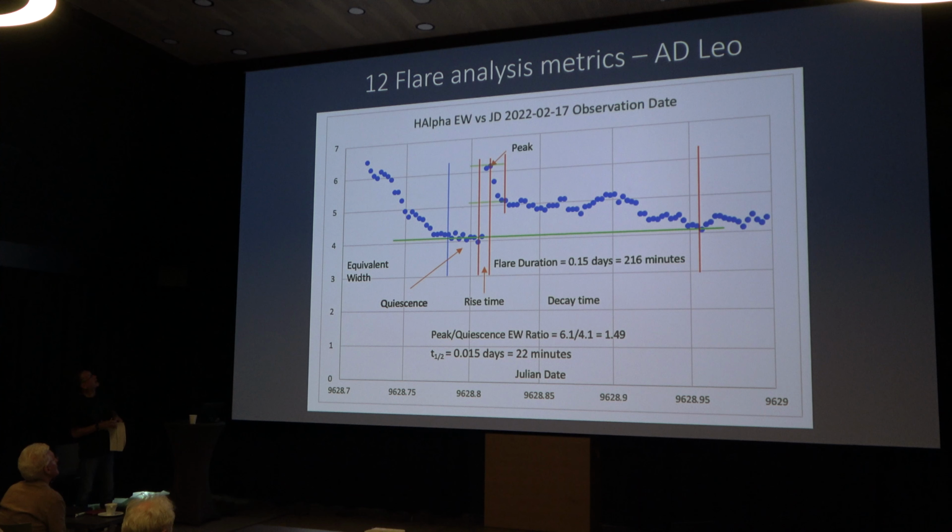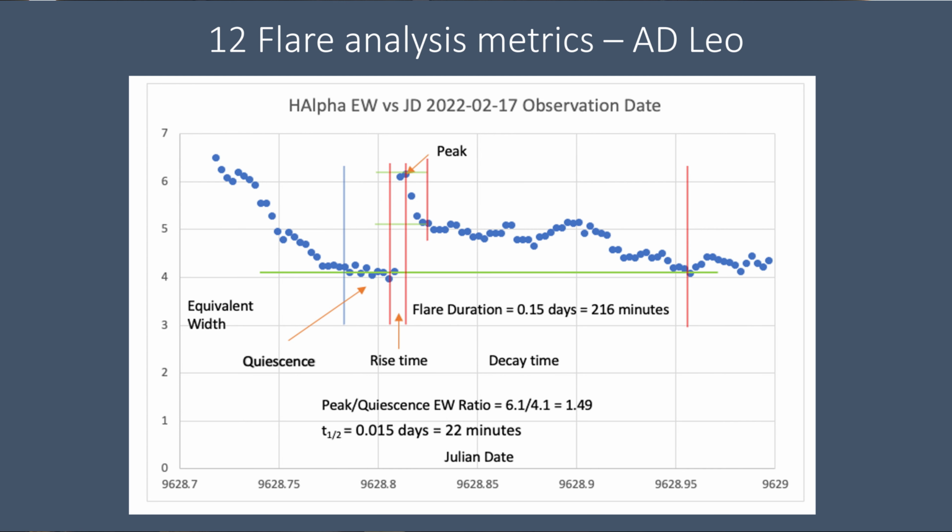Right. Flare analysis metrics. Well, what does this mean? Metrics is being used as a generic term for properties that we can measure in our observations, including properties of individual events, equivalent width, flux, B-band magnitude, etc., statistical properties, flare rates in flares per hour, and calculated properties, flare energy in ergs.